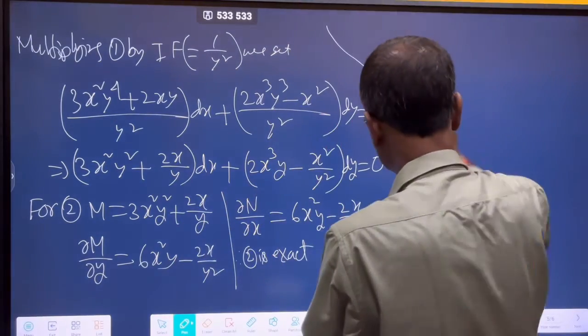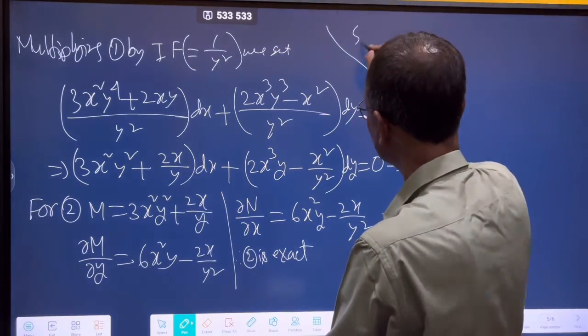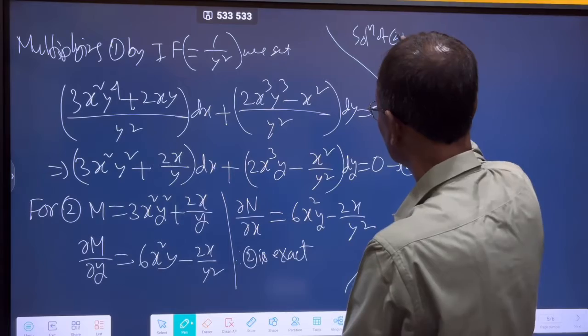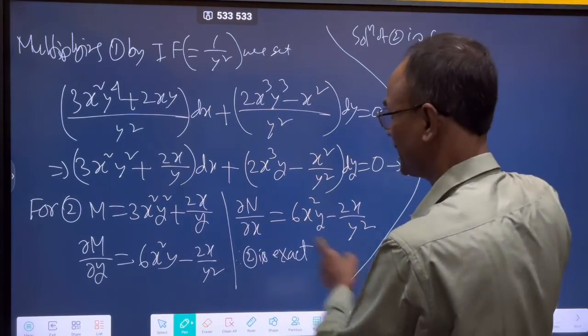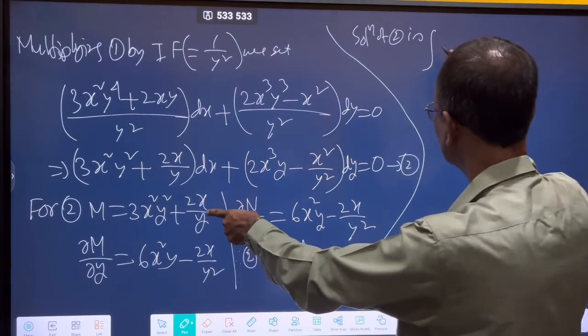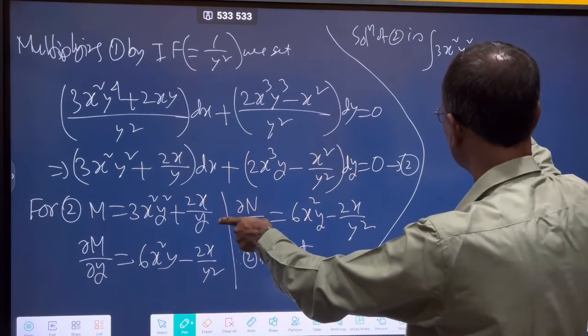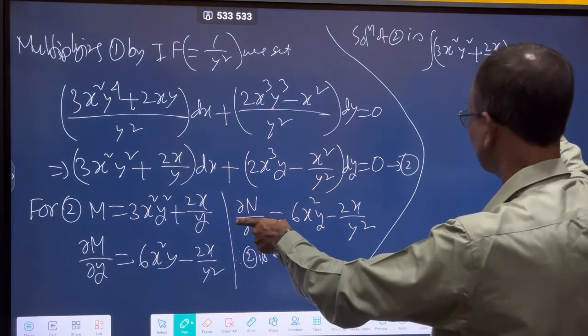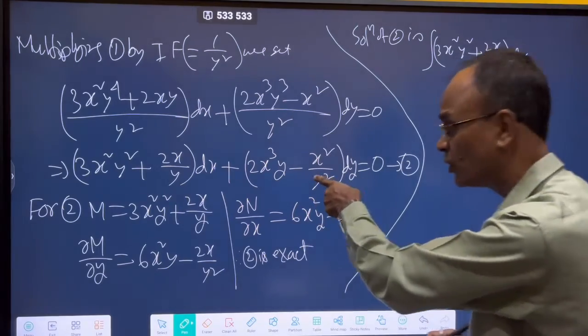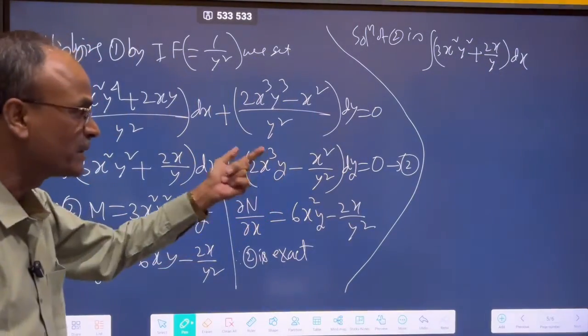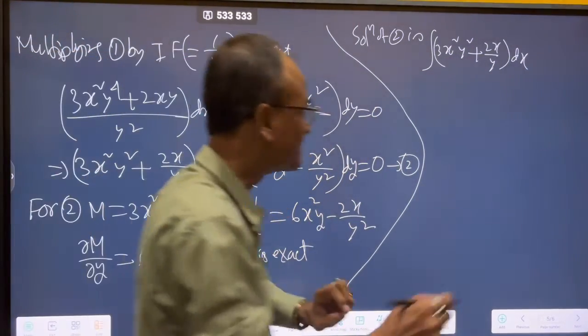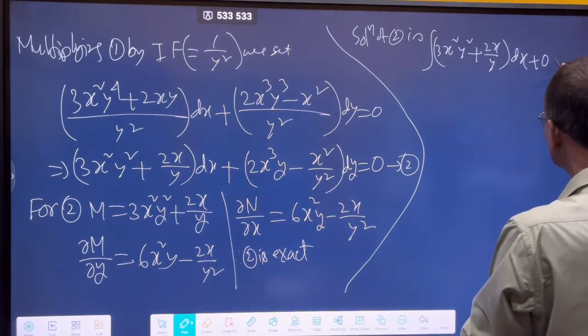Solution of 2 is integral of M dx plus integral of N dy, taking only those terms which are free from x. No term is there, so plus 0 equal to constant.